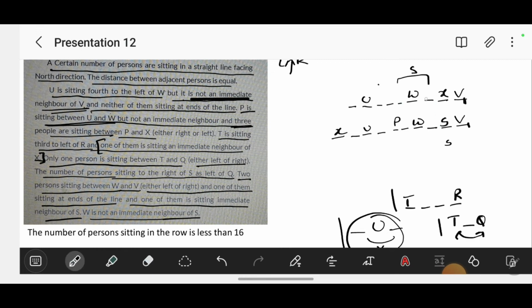As W is not an immediate neighbor and V also has X as a neighbor, the first case is wrong. Right. Let's confirm the second case.